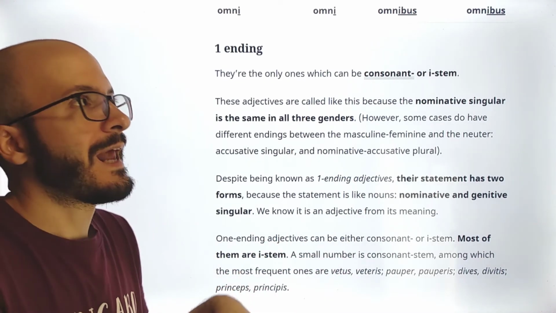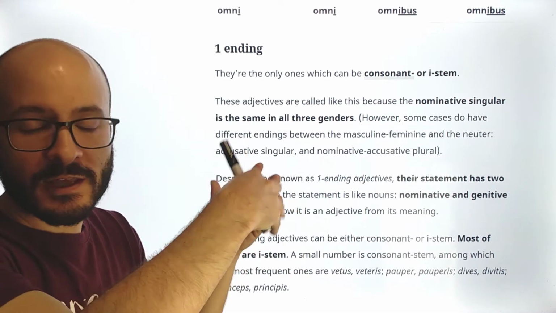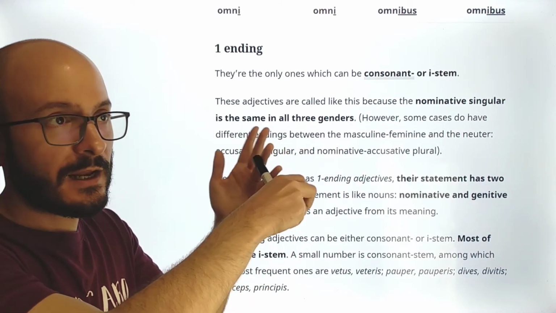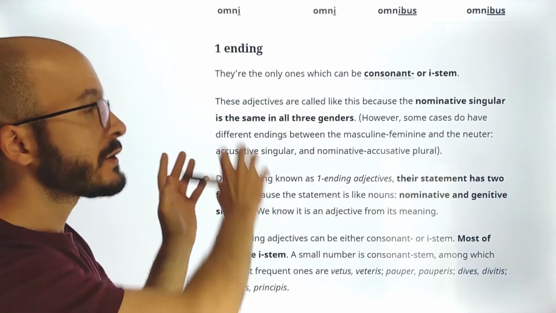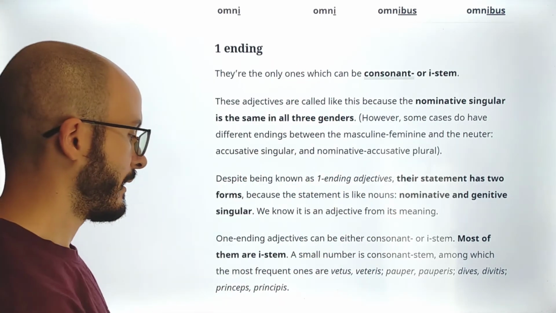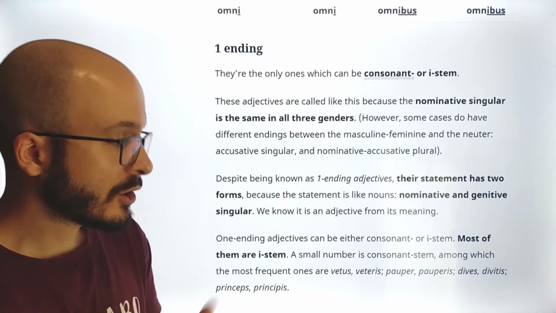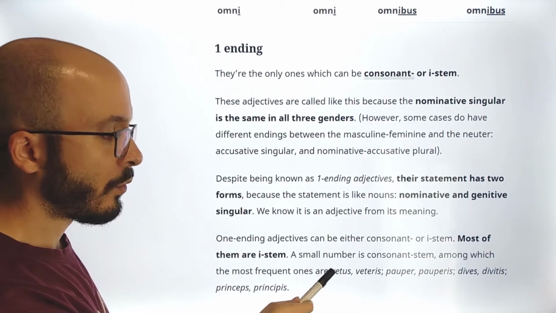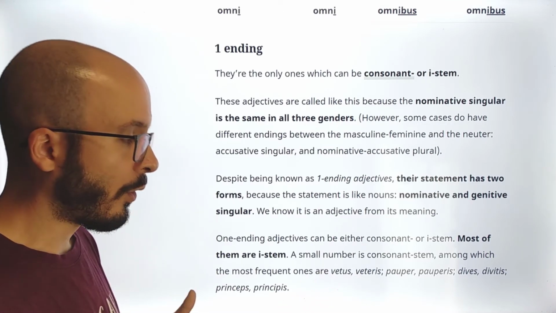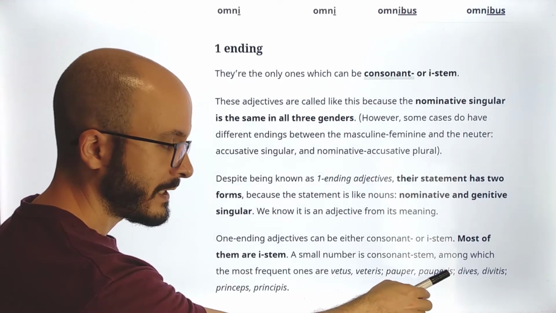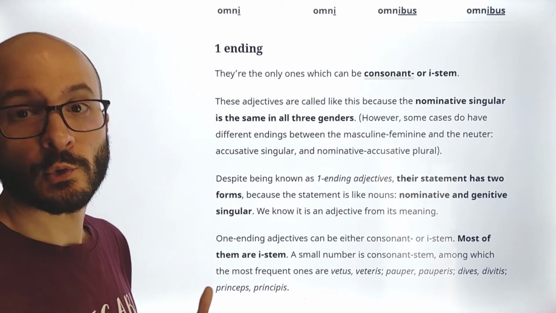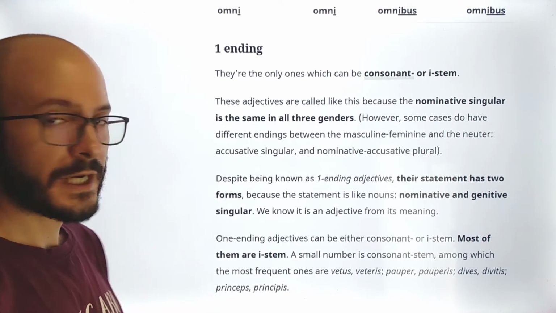So pretty much like most of the nouns, most of the adjectives are i-stem, because three endings and two endings are all of them i-stem, and also in one ending, most of them are i-stem. A small number is consonant stem though, among which the most frequent ones are vetus, veteris, we already know, old, pauper, pauperis, poor, then dives, divitis, rich, and princeps, principis.